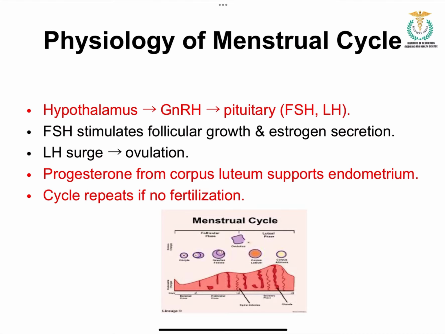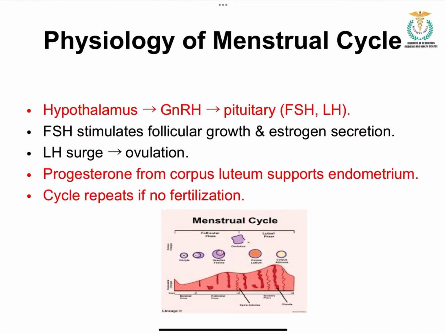The hypothalamus generates GnRH, which acts on the pituitary, and FSH stimulates follicular growth and estrogen secretion, and the LH surge triggers ovulation. Progesterone from the corpus luteum supports the endometrium, and the cycle repeats if no fertilization happens.